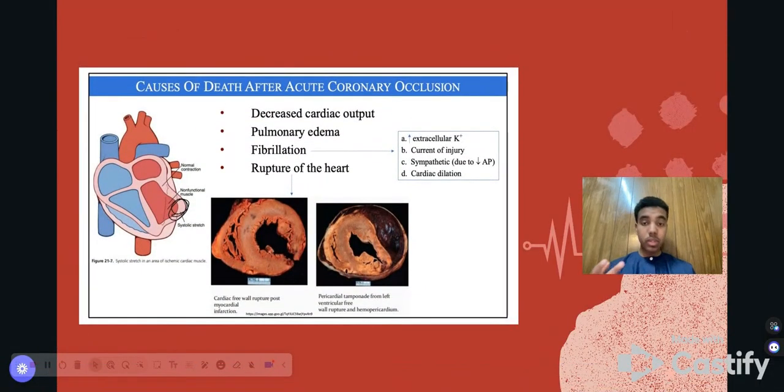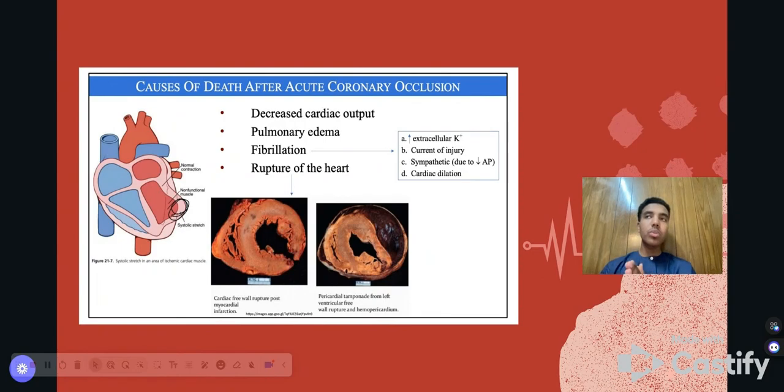Here we have causes of death after acute coronary occlusion. What happens to that spot that can't get blood? It's going to get decreased cardiac output. What's going to happen to that spot? It's going to be dead at the start. When it's dead, it gets replaced with fibrous tissue, and that fibrous tissue causes fibrosis.